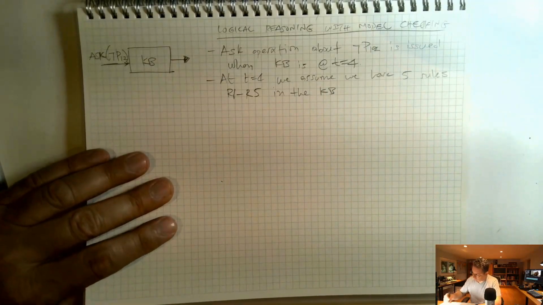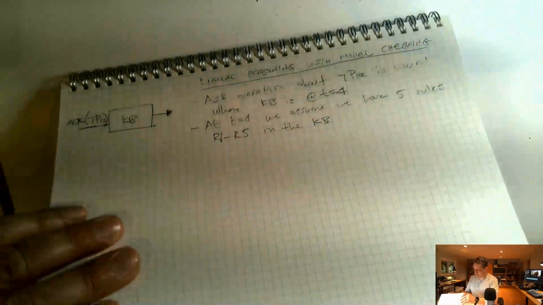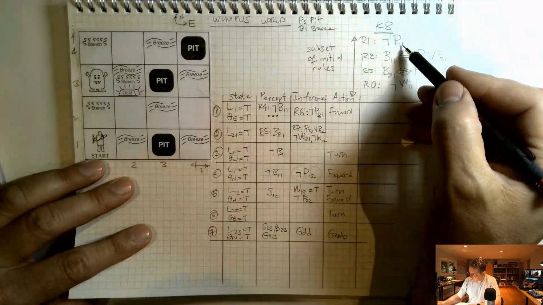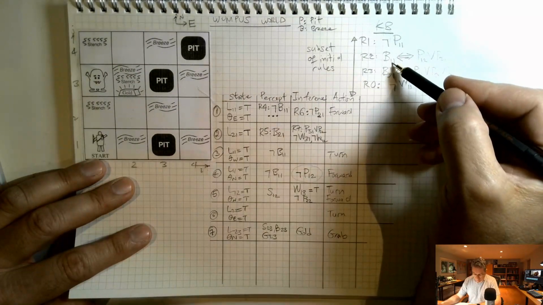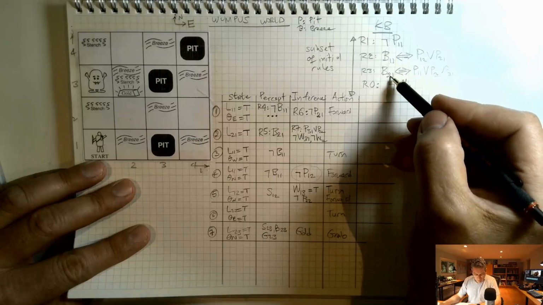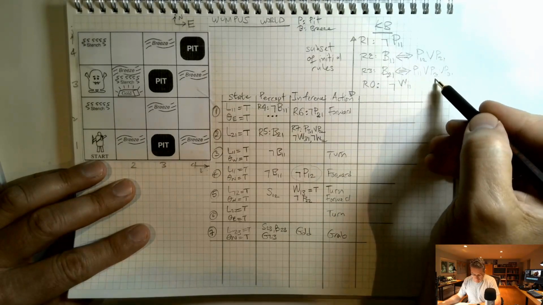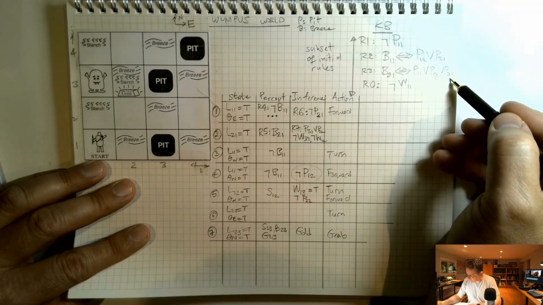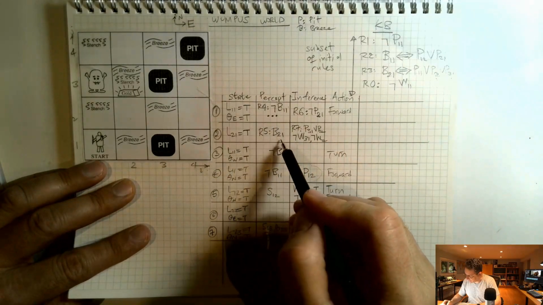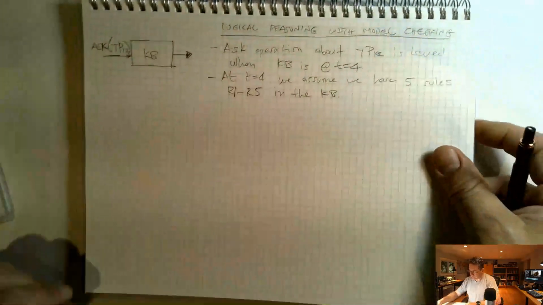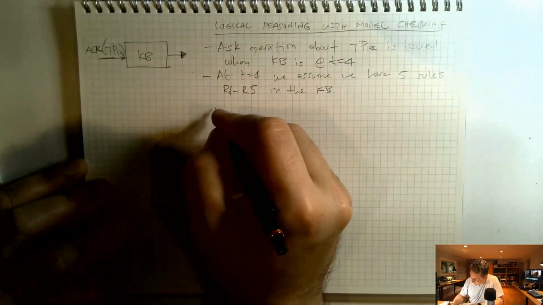If you go back and see which symbols are involved in these rules, I have P11, B11, B21, P12, P21, P22, and P31. I can confirm that these are basically the symbols we're going to have. So let's write them down. These are all the symbols involved in my rules at this moment in time.